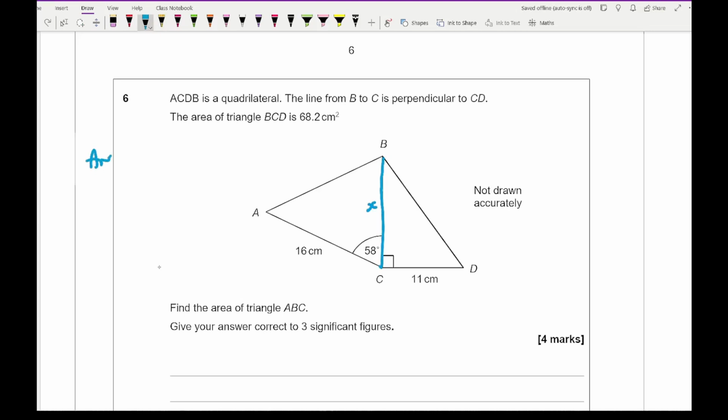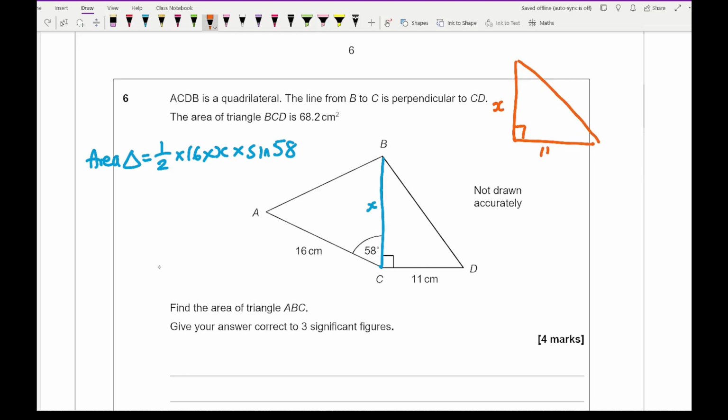Now we know that the area of the triangle is going to be a half times 16 times x times sine of 58. Now I need to work out x, so let's start that here. Taking that right angle triangle out, we see we've got 11, we've got x, and I need to work out what the other lengths are going to be. It tells me that the area of this triangle is 68.2.